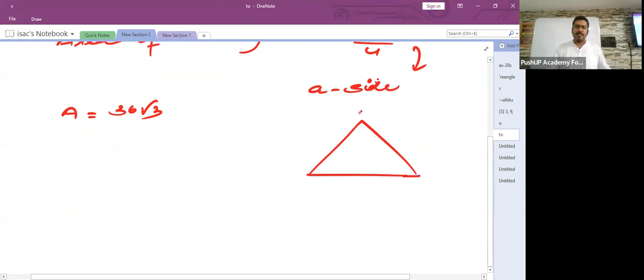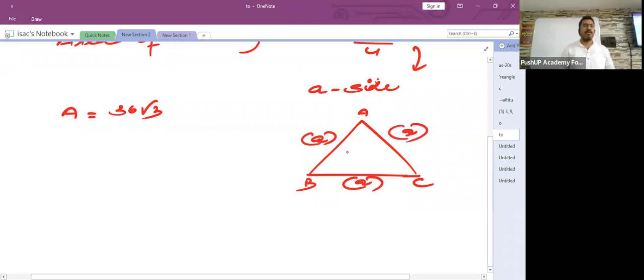Children, try to understand. Imagine ABC is the equilateral triangle, which has all its sides equal, right? So if AB is equal to A units, BC is equal to A units, and even AC is equal to A units.